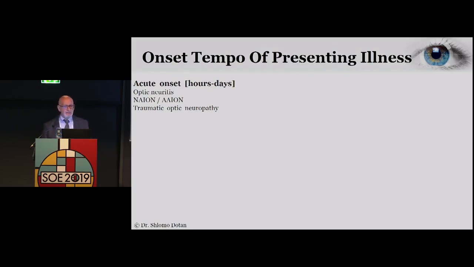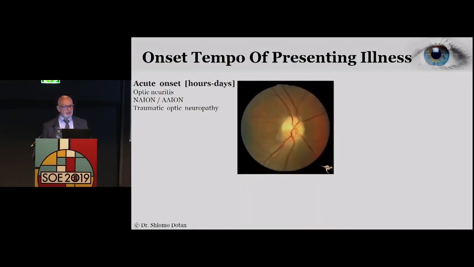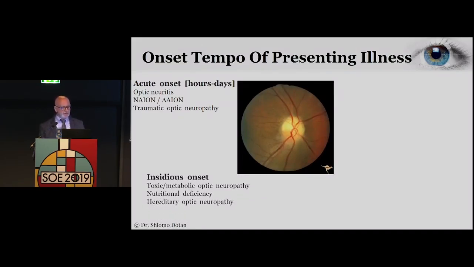Let's start with the tempo of the presenting illness, where we have the acute onset, hours or days, in cases of optic neuritis, NAION or AAION, AAION being arteritic anterior ischemic optic neuropathy, traumatic optic neuropathy, and then you have the insidious onset in cases of toxic, metabolic, nutritional, hereditary optic neuropathies.